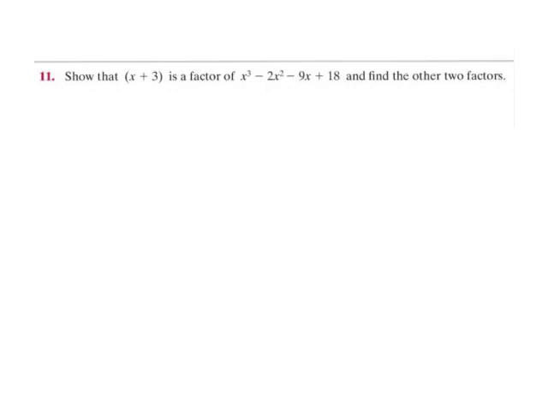So we know that if x plus 3 is a factor, that means that x equals minus 3 is a root. And a root means that at that point for this x, y equals 0.